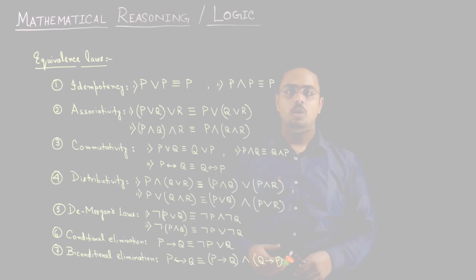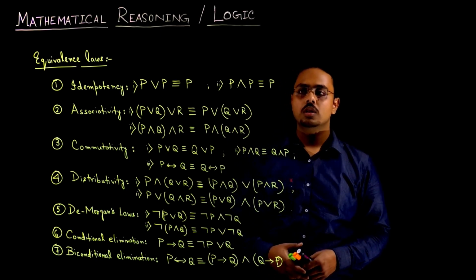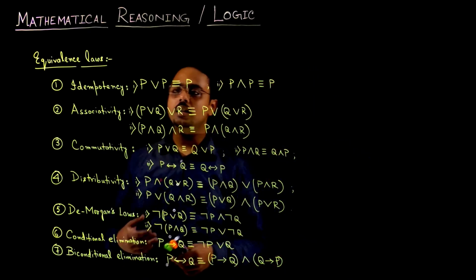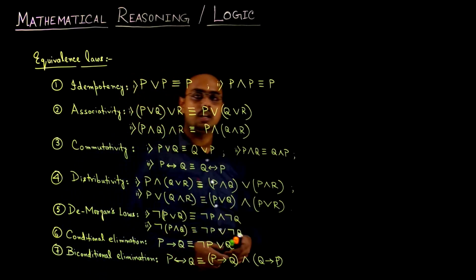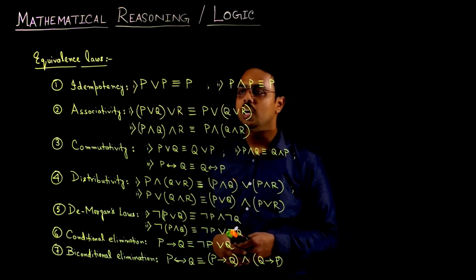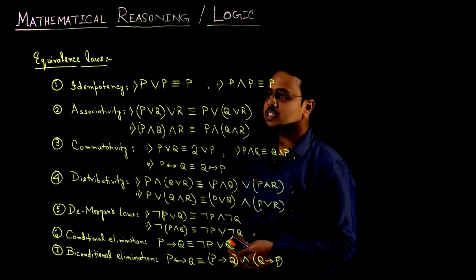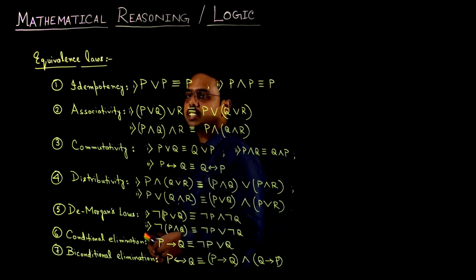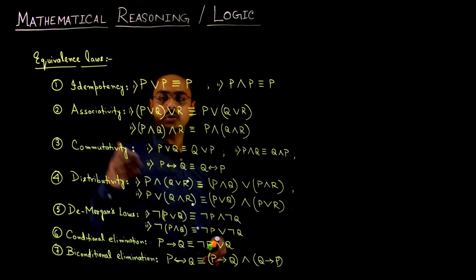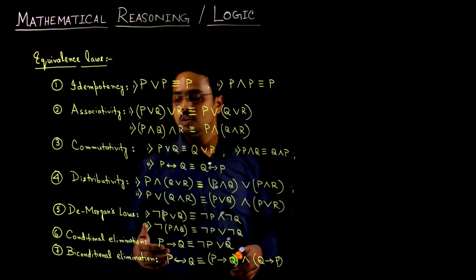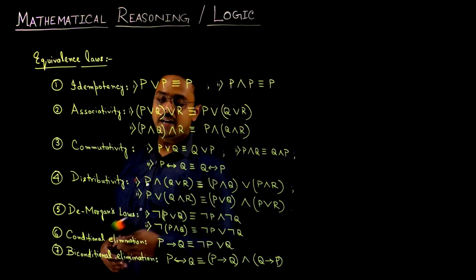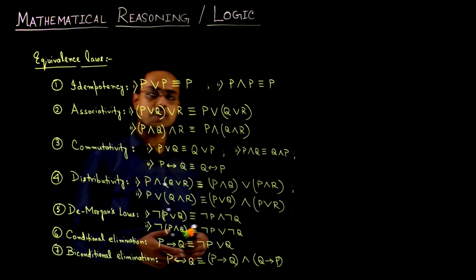Okay. Let's now study some of the equivalence laws. The equivalence laws are essential to check the equivalency between two statements. Okay. So these are some of the laws, like the idempotent law, the associative law, the commutative law, the distributive law, De Morgan's laws, the conditional elimination, and the biconditional elimination laws.